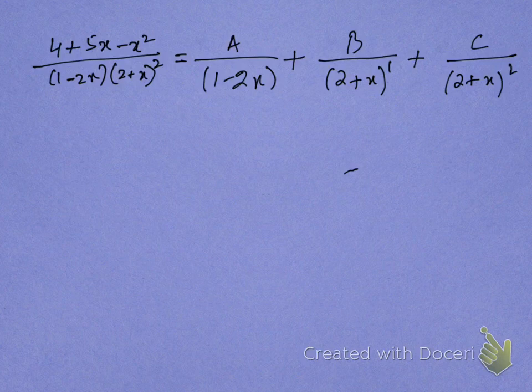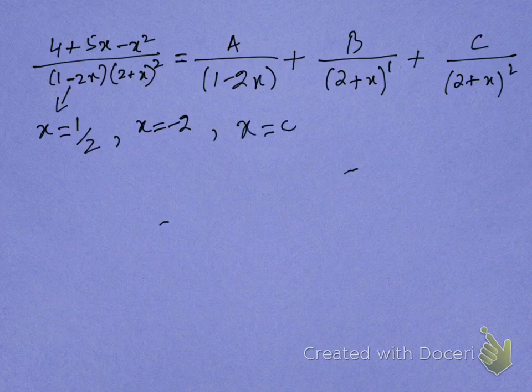For the values of A, B and C, the unknown constants, we have to substitute values of x from the denominator. The first value is 1/2, the second value is −2. We need one more value. In the case of a repeated linear factor, we always suppose one extra value of x, so we can suppose x = 0 for the third unknown constant. Now eliminate the fraction from both sides. For that, multiplying throughout by this denominator, (1 − 2x)(2 + x)².